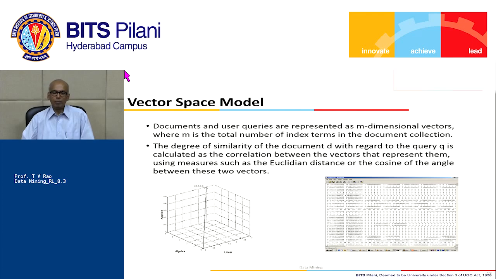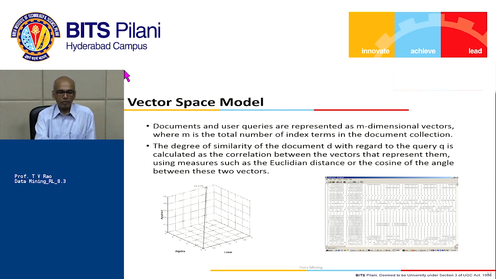The other approach beyond the Boolean model is the vector space model. Here we represent the documents and queries as n-dimensional vectors. Each document is represented by a vector, and within the vector each term represents possibly the frequency or something related to the word or the keyword.